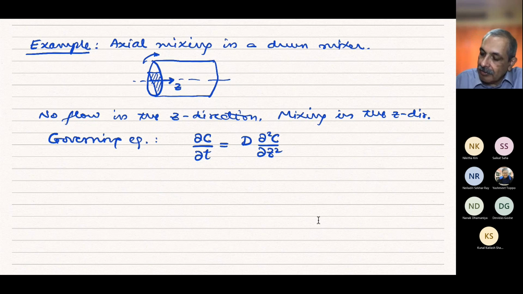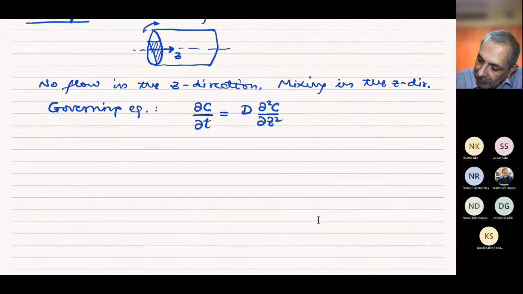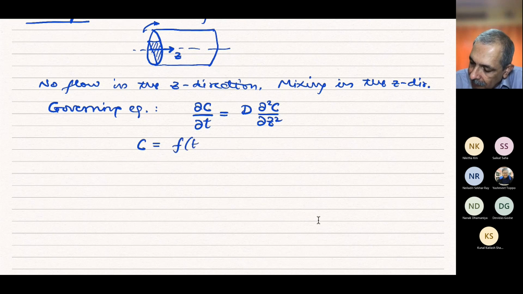So let's suppose that your cylinder is of finite size. Then let's say your C is given by some function of time into A. Before I write down the solution, I should write a little bit more about the boundary conditions.